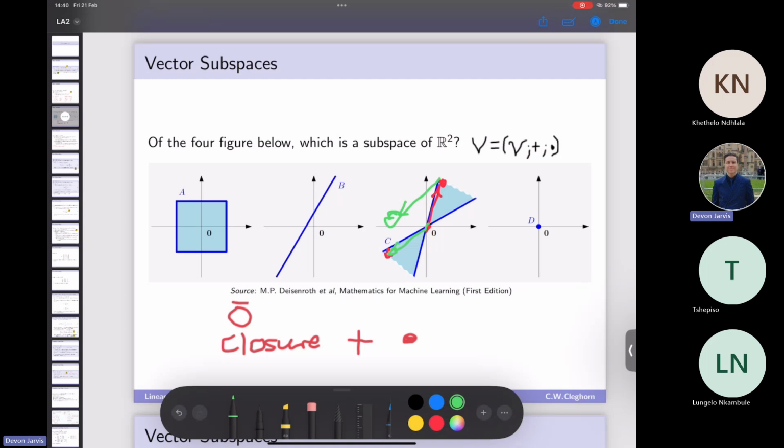And then how about with the outer operator, with scalar multiplication? Does that look closed? How come? So if I take this element here and I multiply it by any real value, do you think it'll still stay in the shaded region?